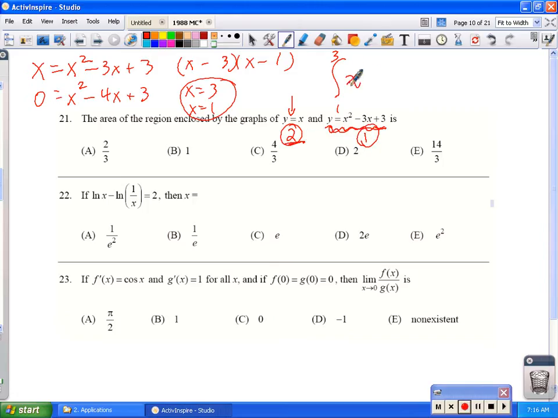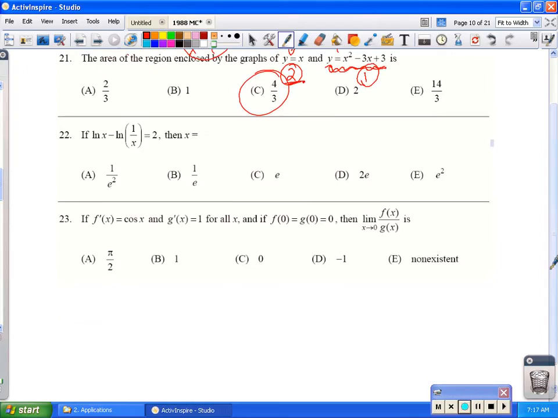So I have the top function minus parentheses, the whole thing, plus 3 dx. If you distribute the negative, combine like terms, find the antiderivative, and then sub and solve, you will get a final answer of 4/3, which is C. And you could confirm that with your calculator, even though this is not a calculator test.